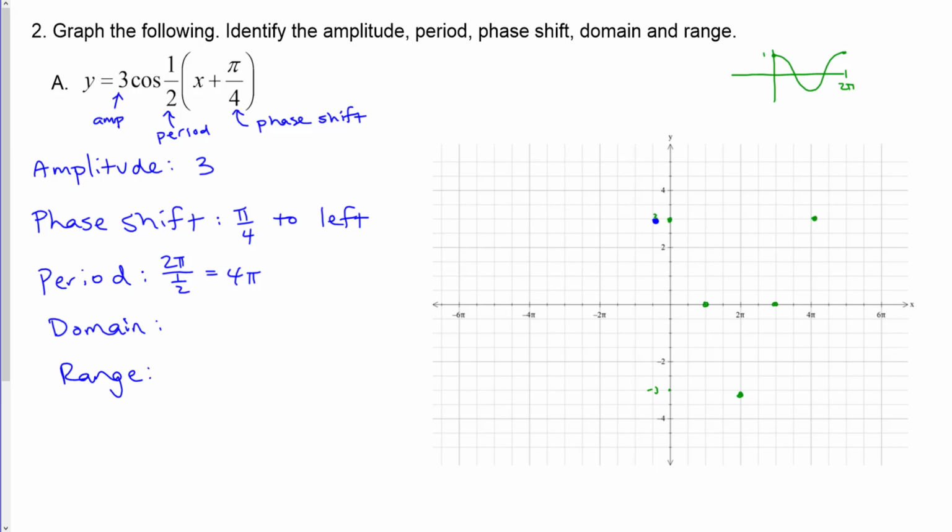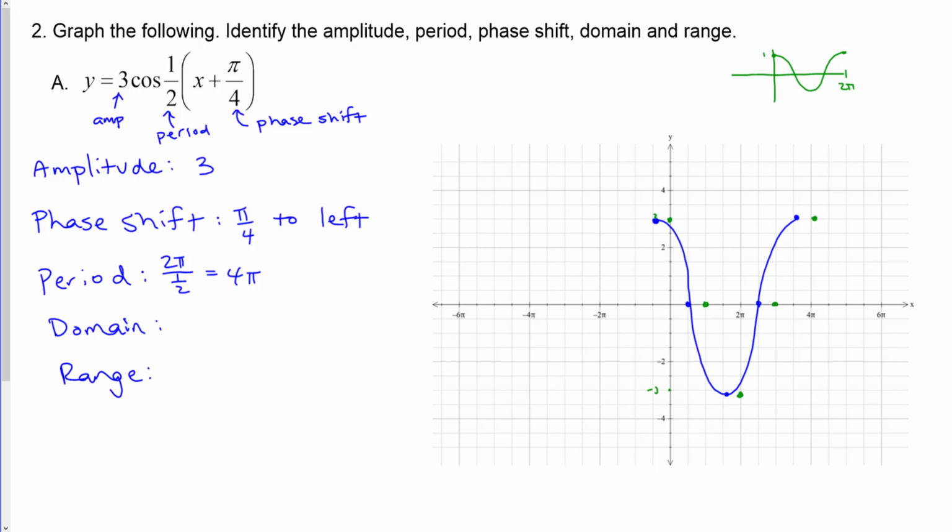But everything's getting shifted back pi over 4 to the left. So I'm just going to move all these green points back pi over 4. And that right there is enough for me to draw my cycle. So there's my cosine wave right there.